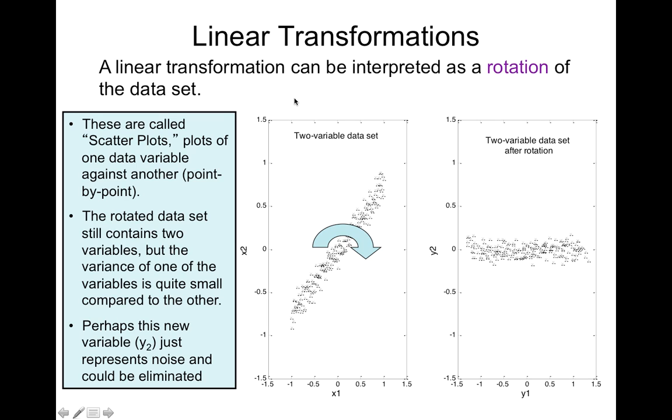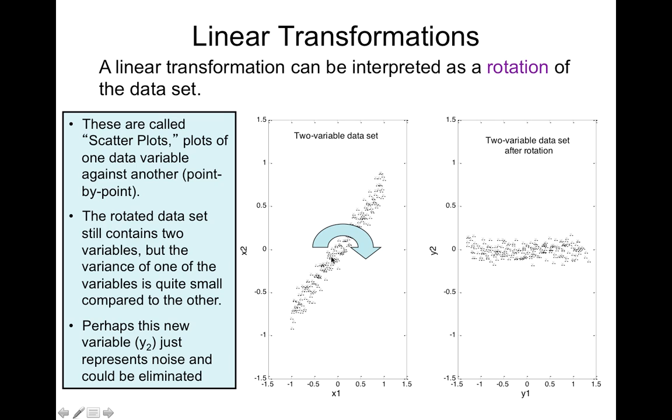Now, a linear transformation can be interpreted as a rotation of the data set. Here's an example where we have a two-dimensional data set, x1 and x2, so two variables. We plot in a scatter plot every point's value in x1 and its value in x2. If we have n observations, we'll have n of these dots, each containing an x1 part and an x2 part.